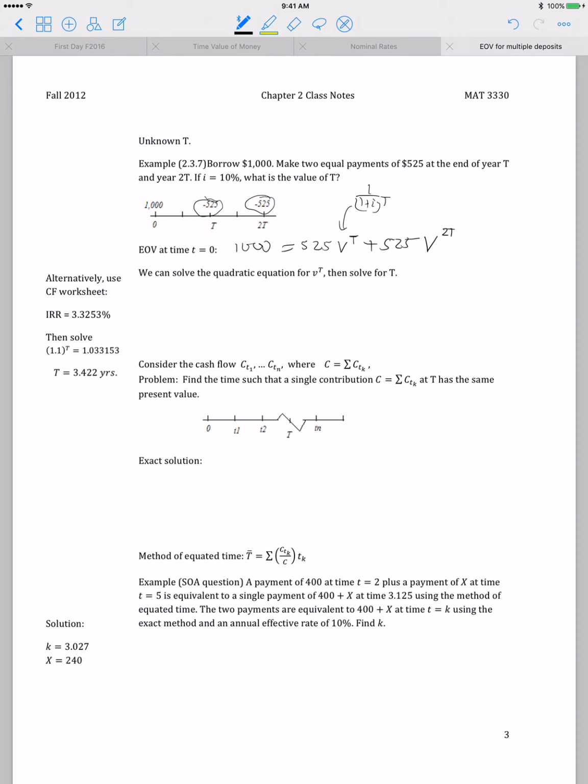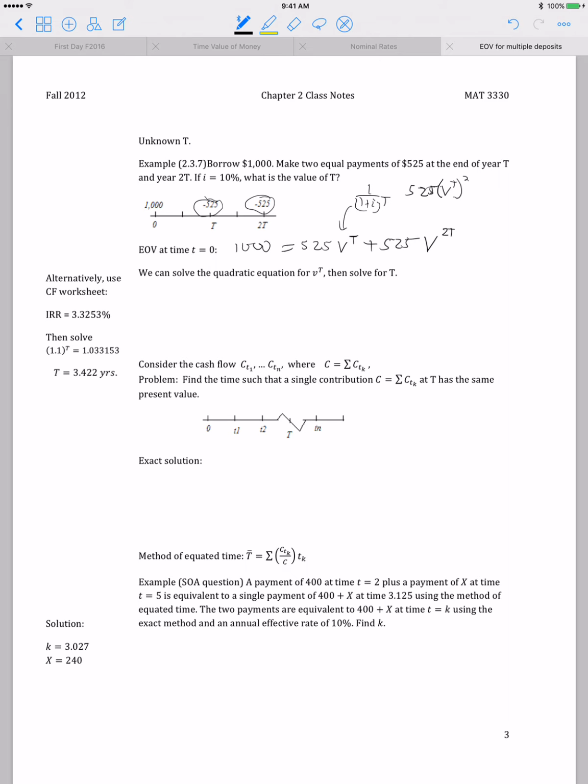Notice that we can write this as a quadratic equation. Starting with the term on the far right, we have 525 times v to the t, squared.